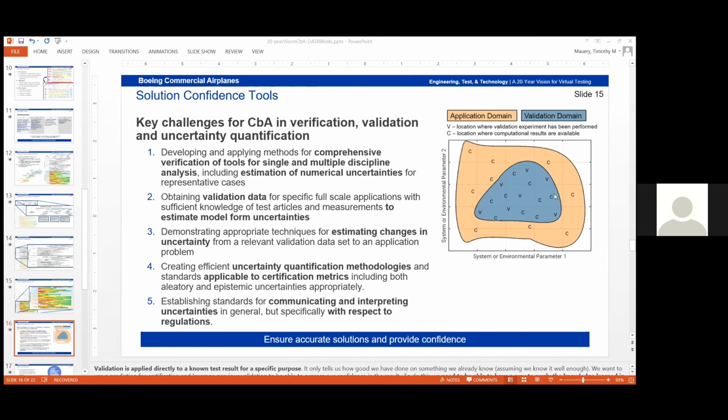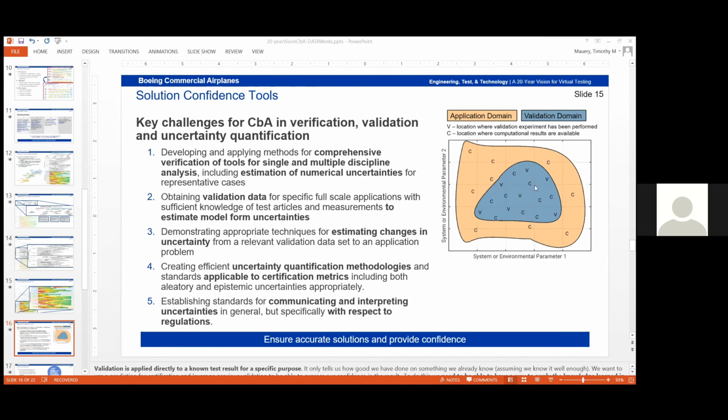So one of the ideas that has been proposed is a validation domain, meaning the region where you actually have experimental data. Points shown by the C's in this blue region are computational results and they're not directly validated.